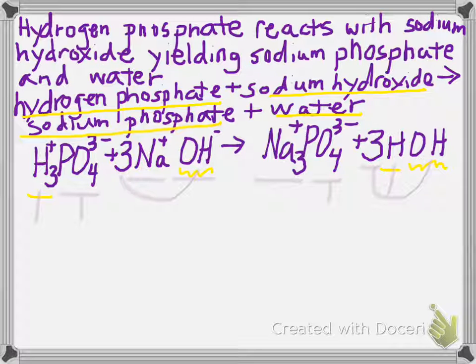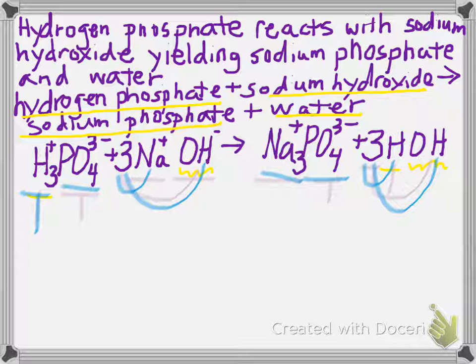Again, let's do a little check and make sure. Right here I have 3 hydrogens, and here I have 3 hydrogens. 1 phosphate, 1 phosphate. 3 sodiums, 3 sodiums. 3 hydroxides, 3 hydroxides.